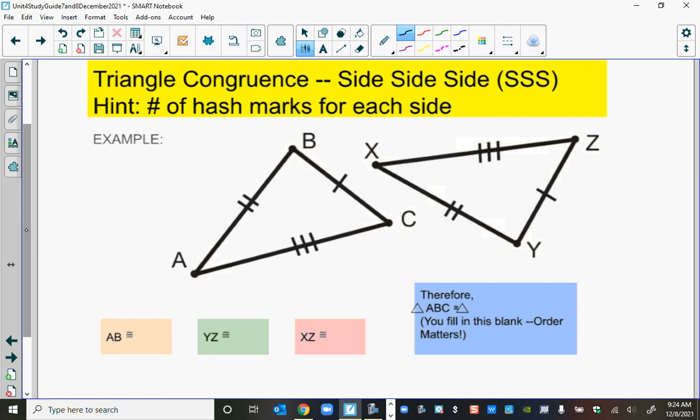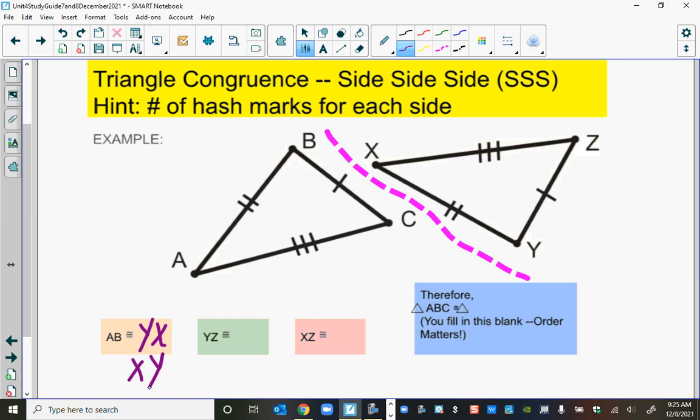Okay, C, that's a different one. C and Y are separated. Let me delineate. So that's the difference. YX. In this case, we'll say XY. You were right. I mean, if you just said YX, I'd be okay.